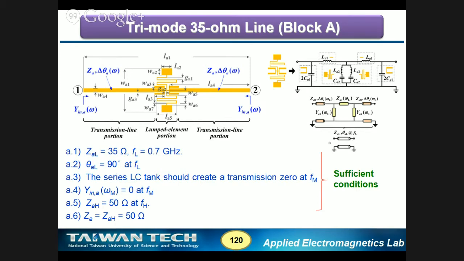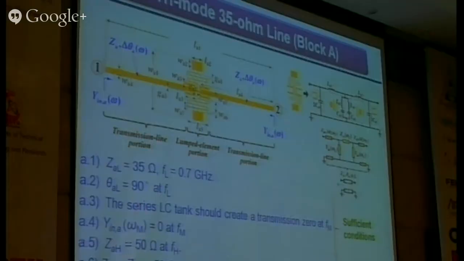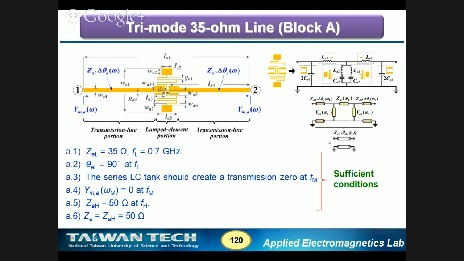So there is a transmission zero at the mid band frequency, and at this frequency, when you look into either side of the network, it should be open circuit. And the fifth one is at the high frequency: the whole circuit should be equal to 50 ohm. And then there's an additional requirement: we simply let the characteristic impedance of this delay line equal 50 ohm. Now we have 6 unknowns and 6 equations.